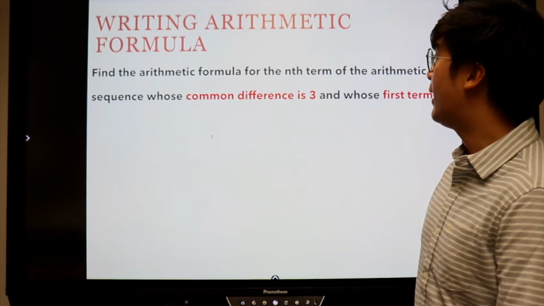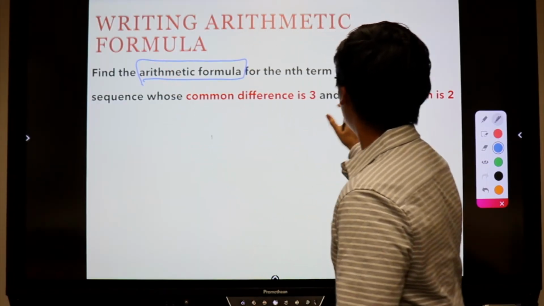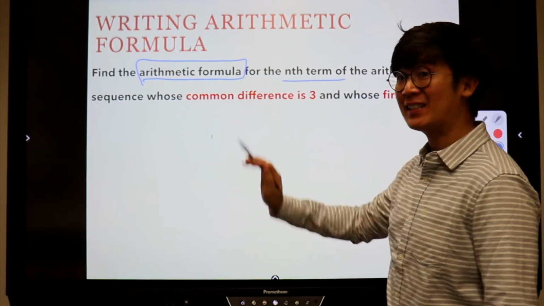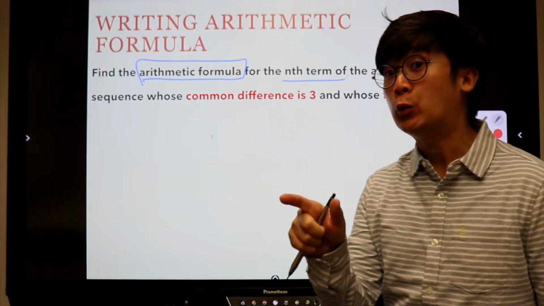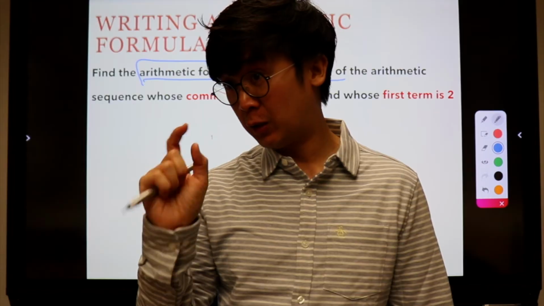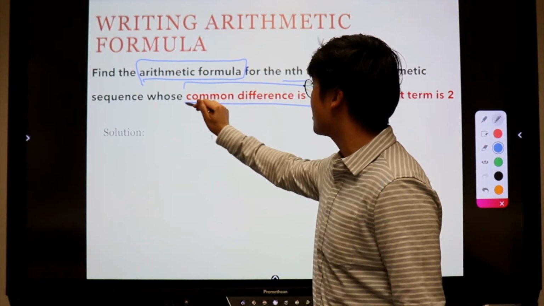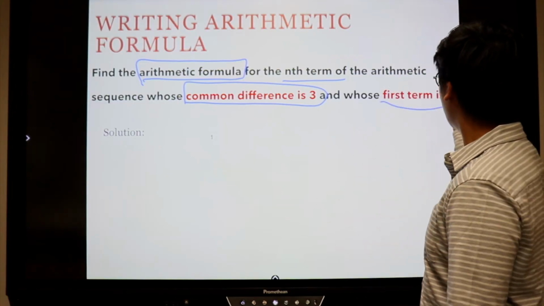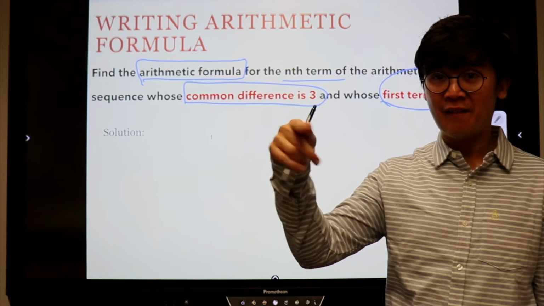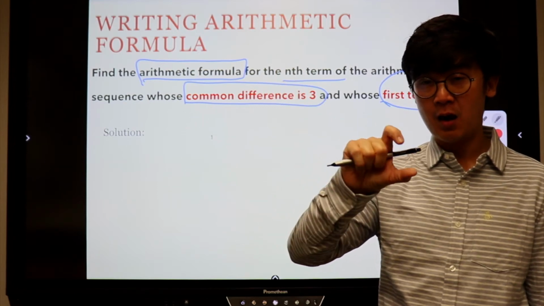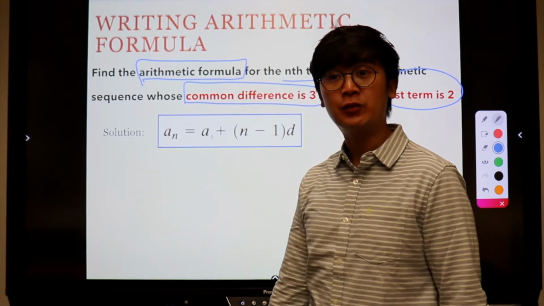We're going to find the arithmetic formula for this arithmetic sequence, and we have some clues to answer this problem. The clues are: the common difference of this arithmetic sequence is 3, and the first term is 2. So now that you have two clues, the first term and the common difference, you'll be able to use this formula because all you have to do is plug it in.